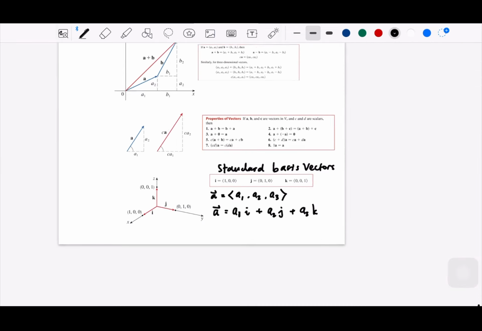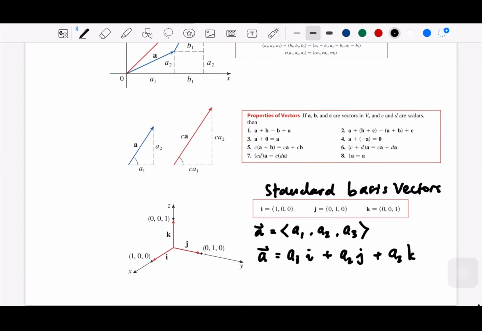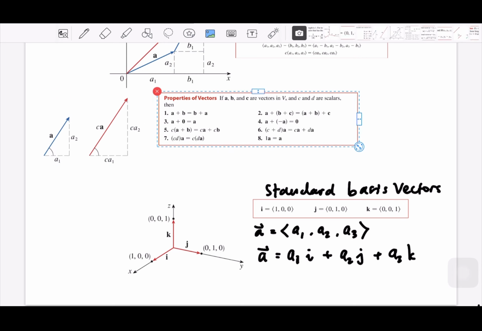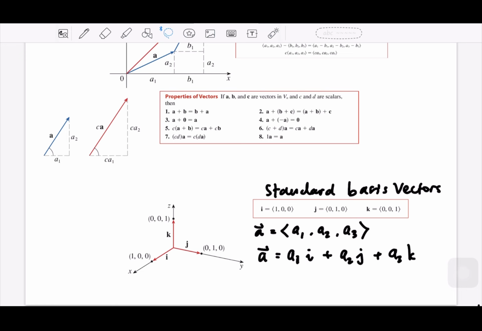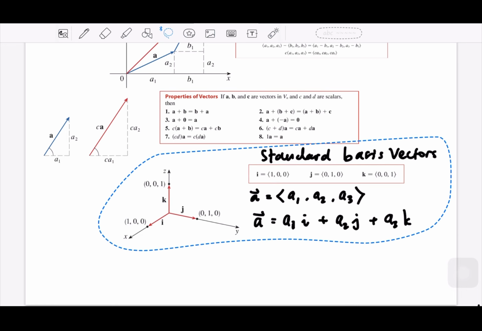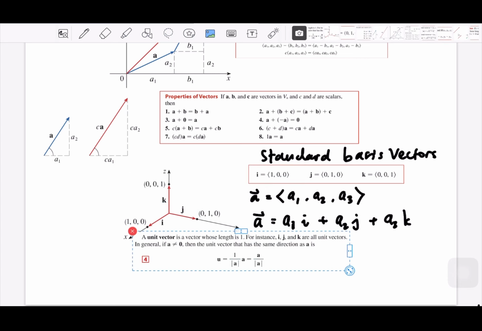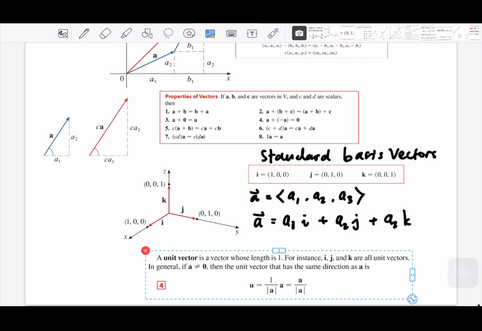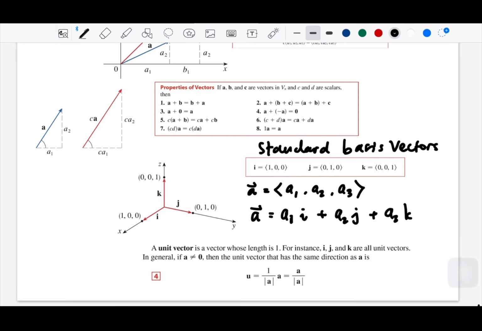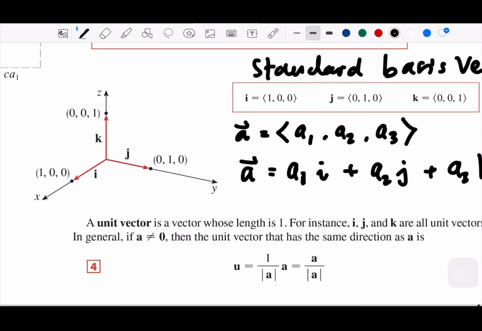And to end these sections, let me write it more clearly and cleanly. One example is what we call the unit vectors. So what is a unit vector? A unit vector is a vector that has length 1.